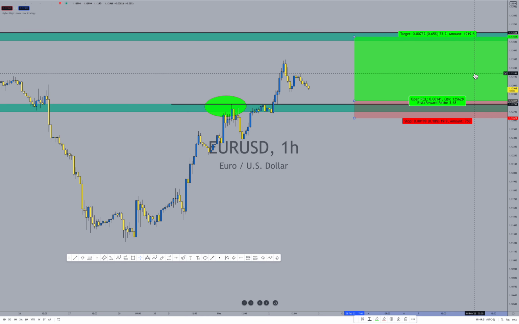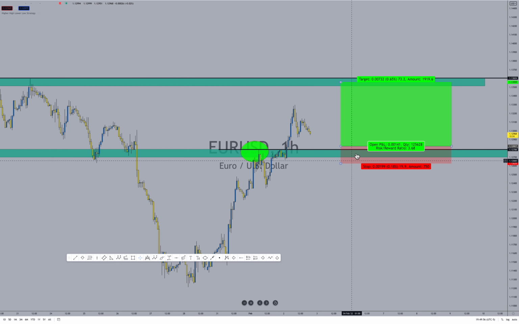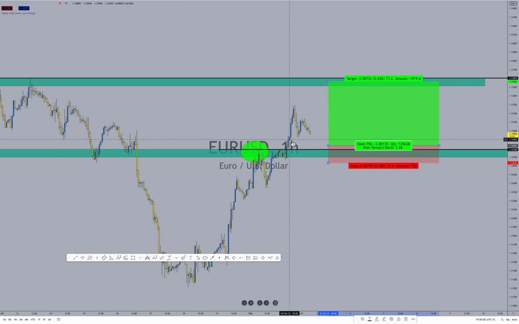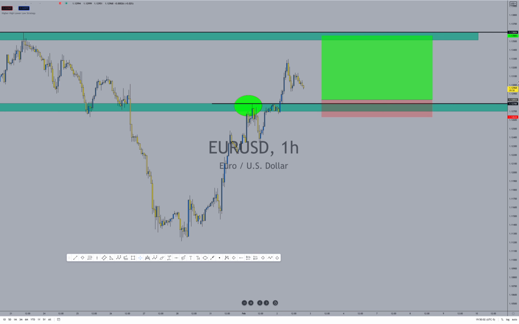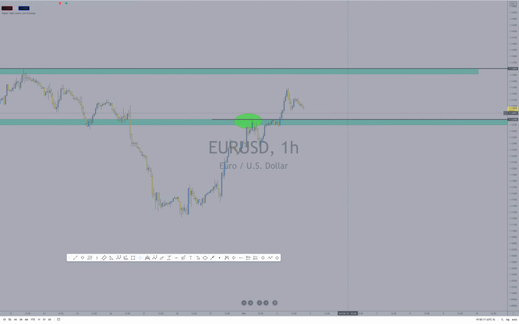So let's go on the 1 hour. Alright, which looks pretty decent. So we're just waiting for price. All you have to do is just wait for price to come back to this area here, and then look for a confirmation to show that you should buy to the upside.